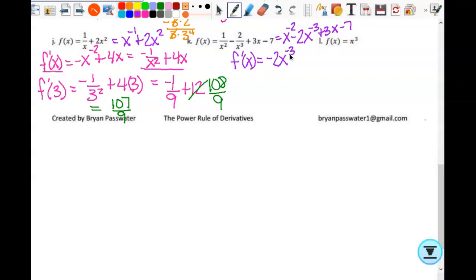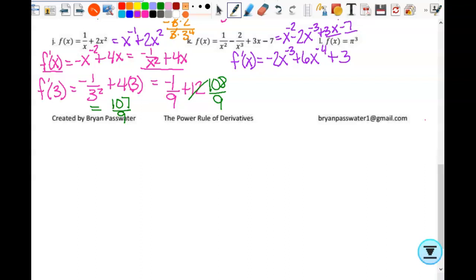Remember that you're subtracting 1 because that's where a lot of mistakes happen. Then I'm going to multiply negative 3 times negative 2, that's positive 6, times x to the what? Negative 4, plus, what's the derivative of 3x? 3, right? Because that's like a 1, so then 3 times 1 is 3, and then that would be x to the 0. And then what's the derivative of a constant? 0, so I don't need to put anything, so I'm just there, okay?